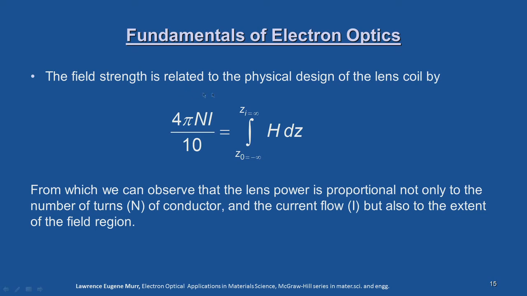So, the field strength is related to the physical design of the lens coil by 4 pi n I by 10, which is equal to the integral from z naught equal to minus infinity to z i equal to infinity of H dz, from which we can observe that the lens power is proportional not only to the number of turns n of the conductor and the current flow I, but also to the extent of the field region. So, now it is very clear from this expression.